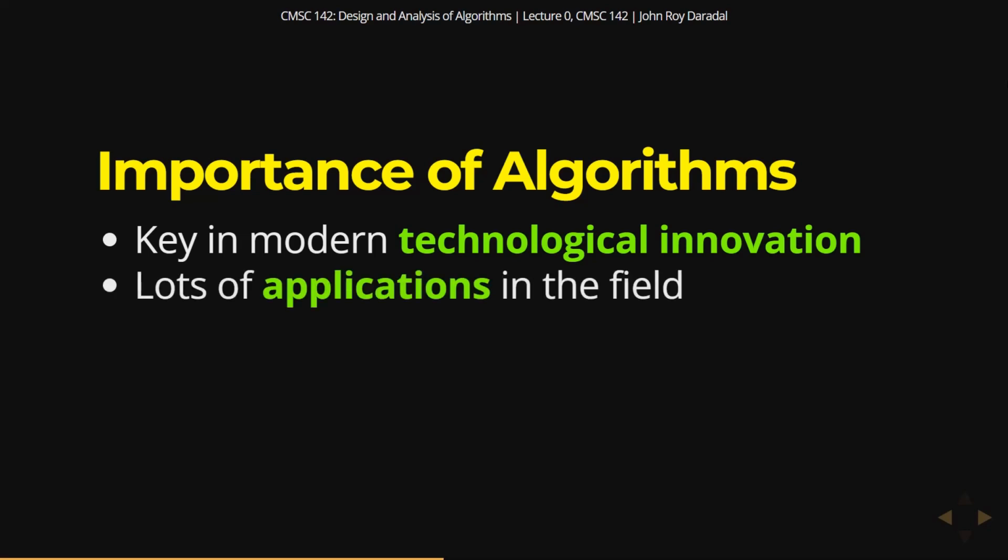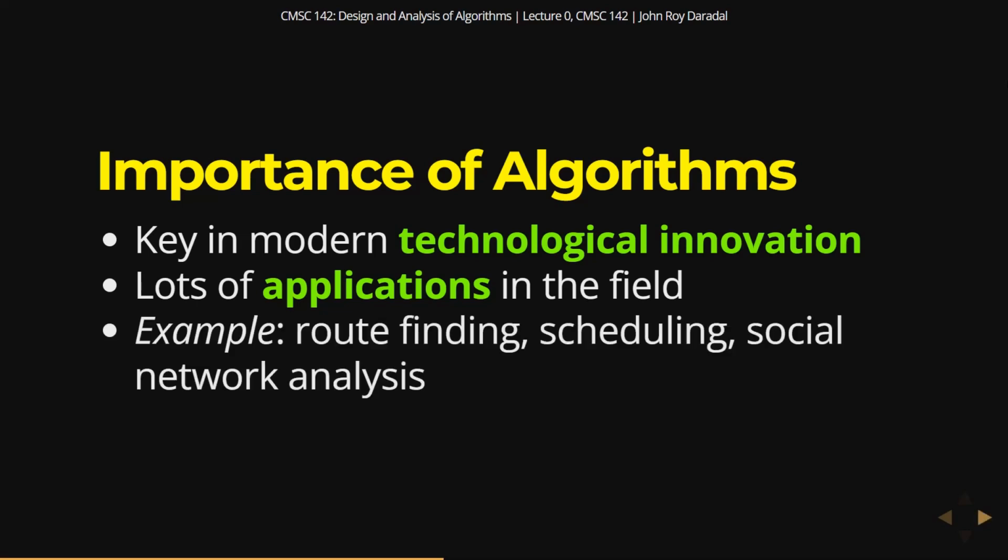There are also a lot of applications of algorithms in the field. For example, route finding. When you're using Google Maps and say, take me from point A to point B, it will find a route for you, and there is a graph algorithm working behind the scenes for that. There are also algorithms for scheduling, social network analysis, and other things. These are just some examples.